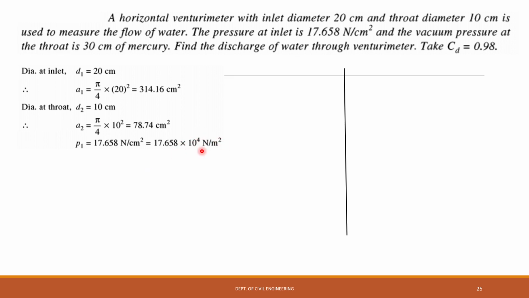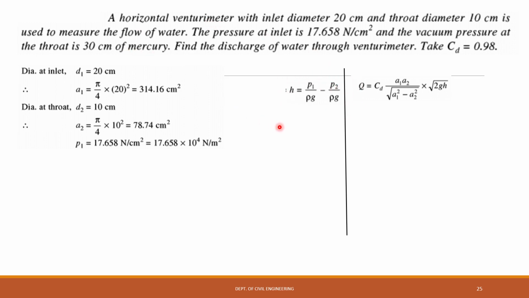So you got the P1 value, and this 30 centimeter of mercury, it is not the pressure, but this is the pressure head. Pressure head is P by rho g. So at throat it is section 2. So we have this equation for finding Q, and this H value need to be found out. This is a horizontal venturimeter. We can use this equation for H.